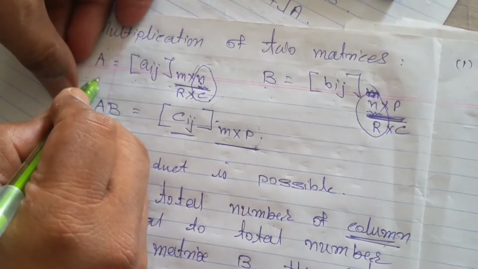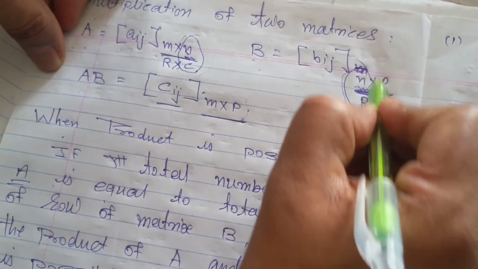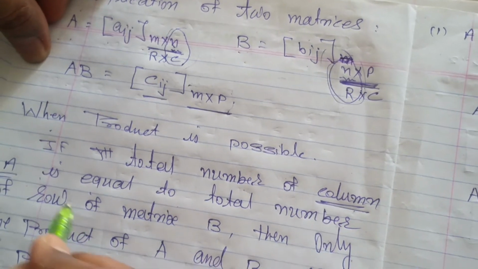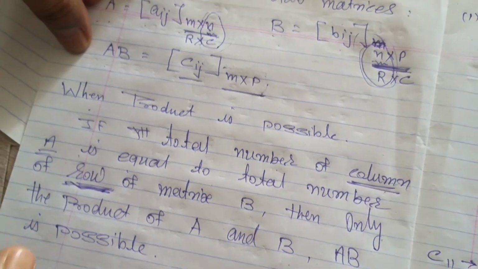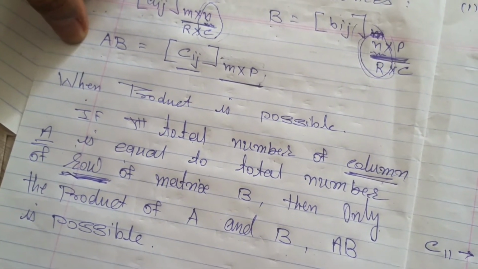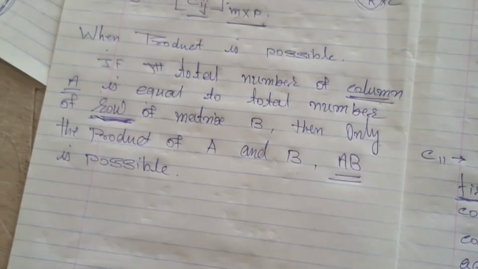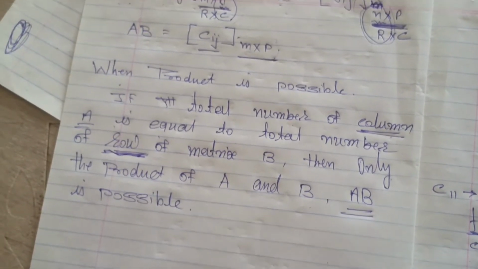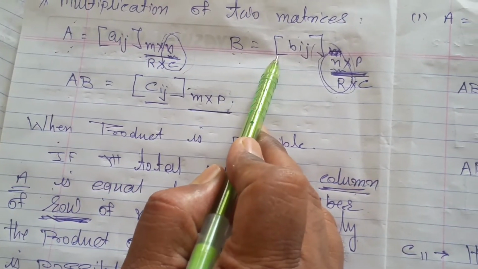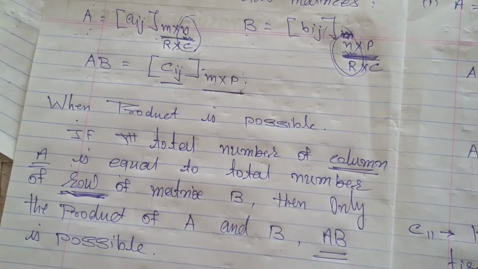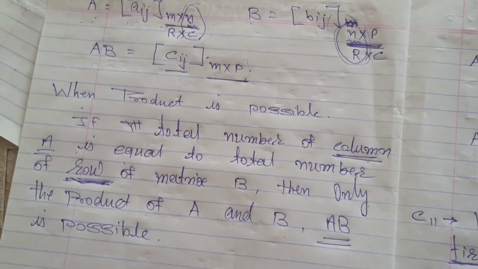The number of columns of matrix A is equal to the total number of rows of matrix B. Then only the product AB is possible. So what do we require for the product of A and B? The columns of matrix A and the rows of matrix B have to be identical. If they are identical, then only their product is possible.